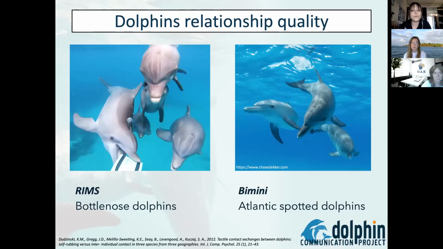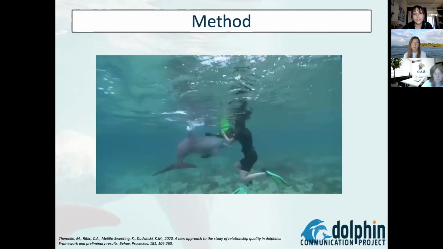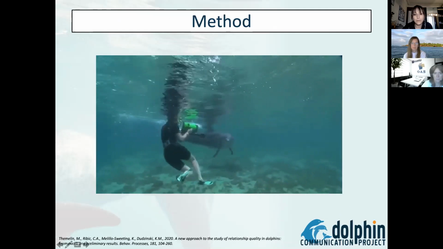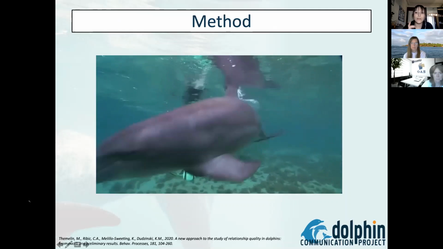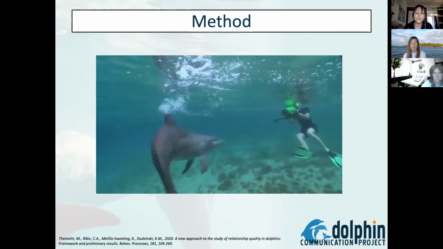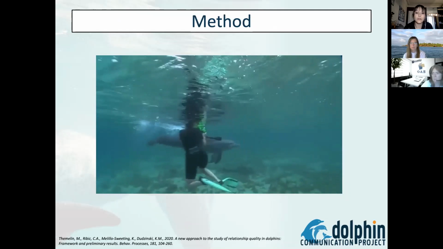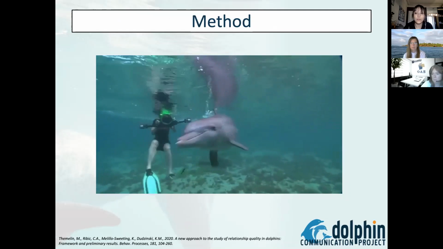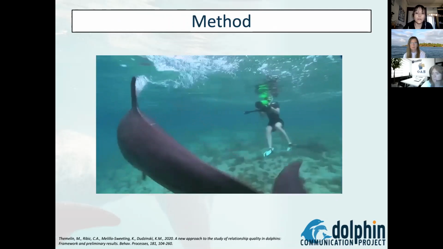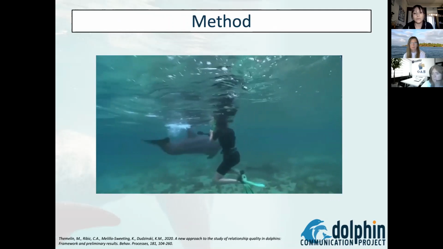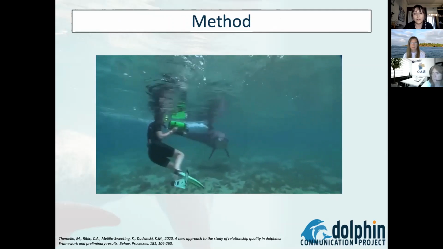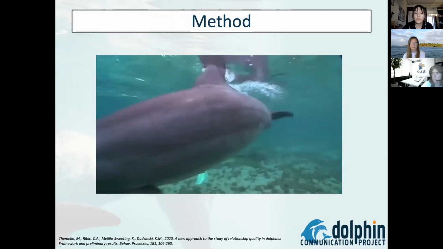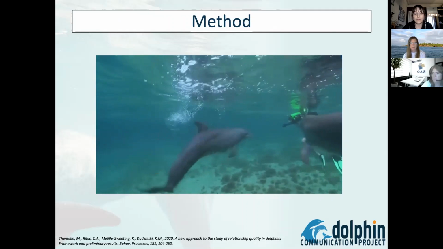And so the method was quite simple. We just went in the water with them and recorded one individual at a time, because by focusing on one individual, you can see all its interactions with other individuals. And going individual by individual, you do it as a group, and then you gather the largest amount of data.